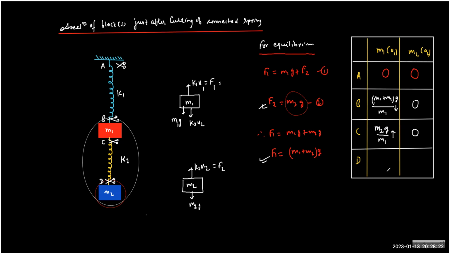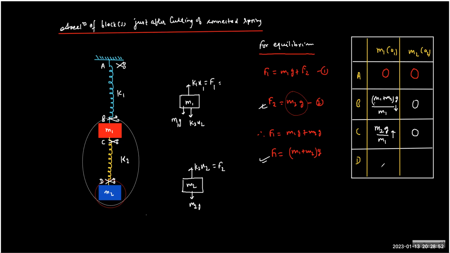When you cut at D, what will change in the life of M1? See, you're cutting at D, which means both these springs are still connected to M1, isn't it?